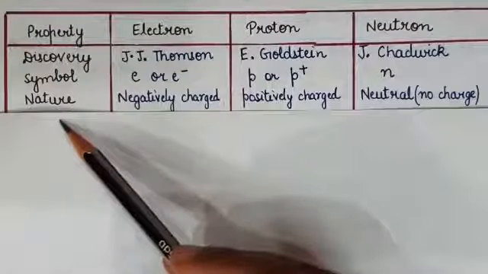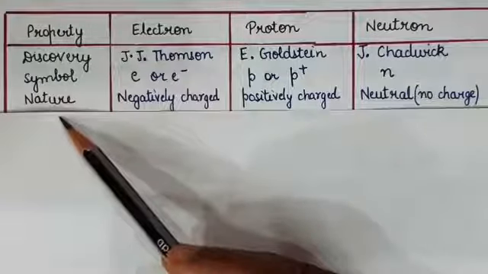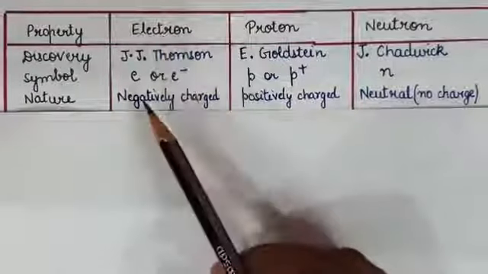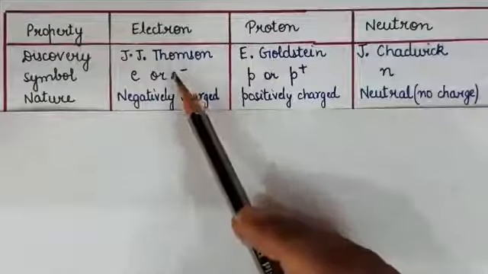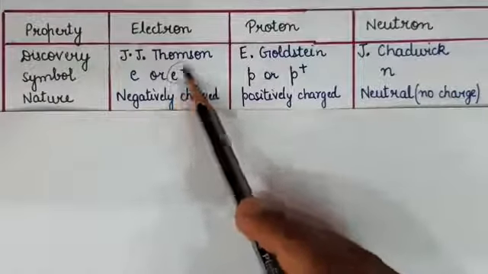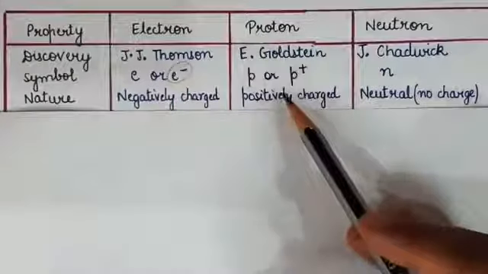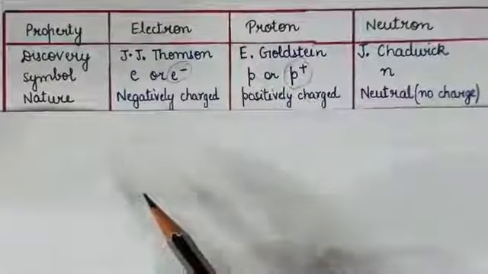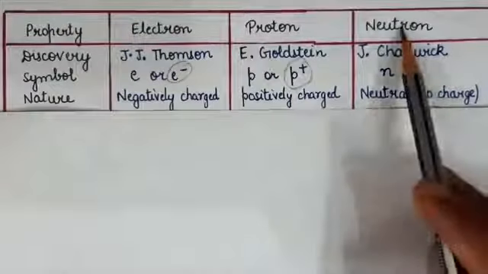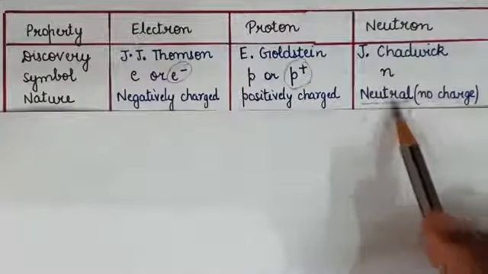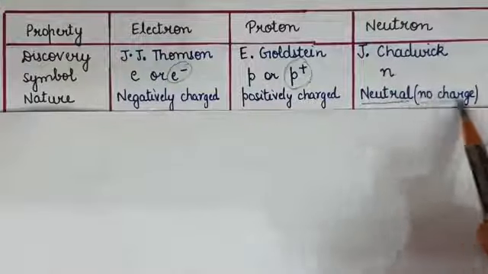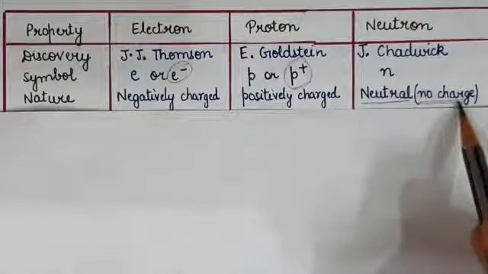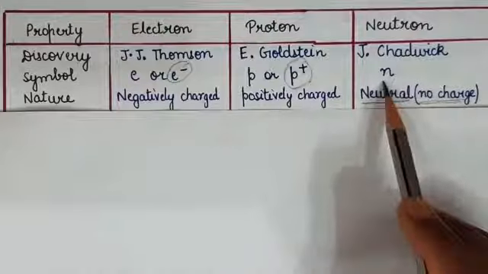Electron is negatively charged. That's why I have written e negative. Proton is positively charged, p positive. And neutron is neutral, meaning it does not bear any charge. So that's why I have written n.